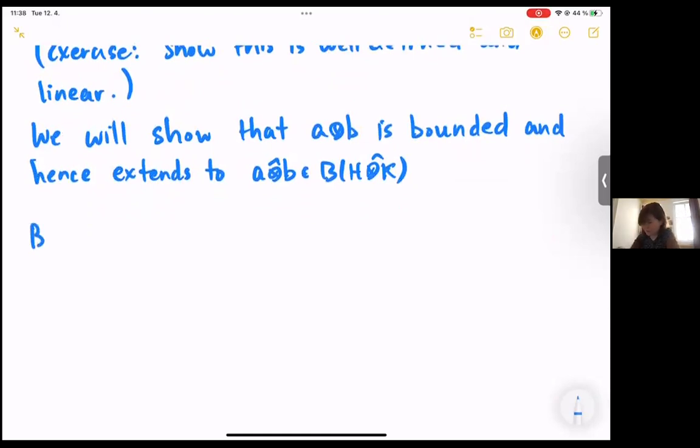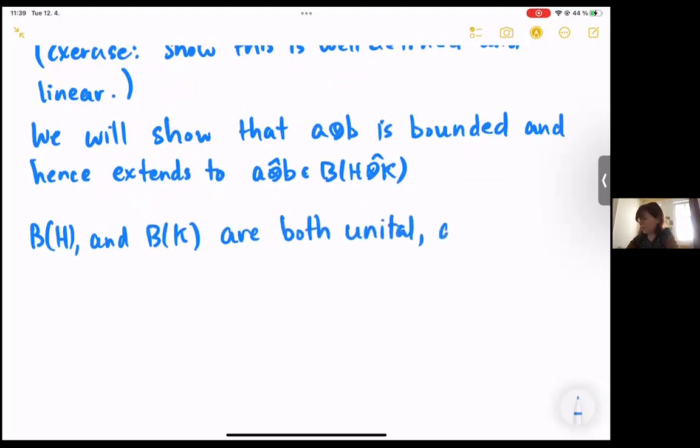So first we observe that B(H) and B(K) are both unital. And we saw in one of the first lectures that any unital C-star algebra is spanned by its unitaries.